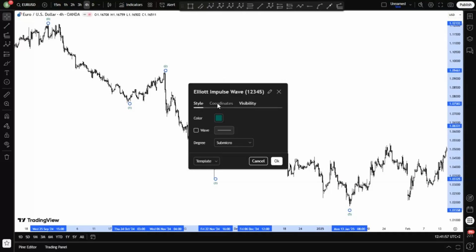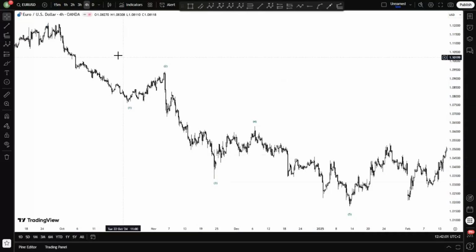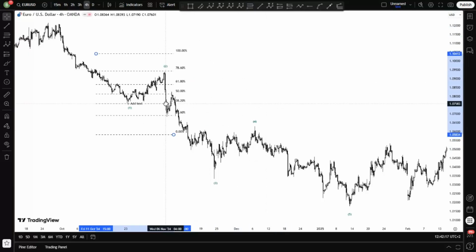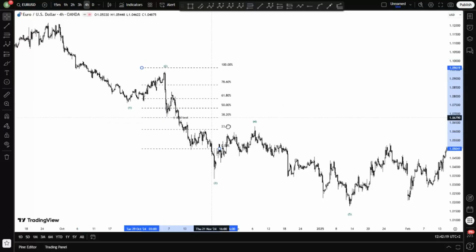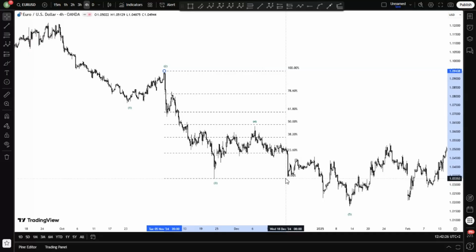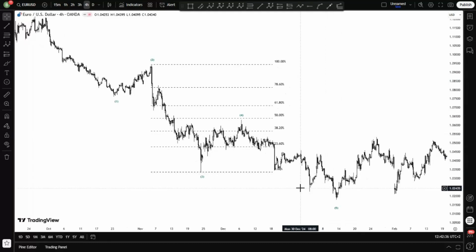This is a clear full impulse, and if we measure it with our retracement tool, we can see that wave 2 has finished at the 38.6 level, and wave 4 has respected the end of wave 1, just about the 38.2 level, and you see price acting very nicely.